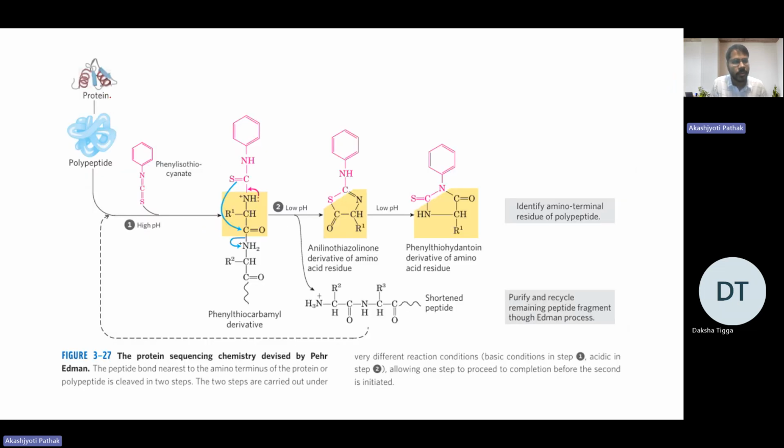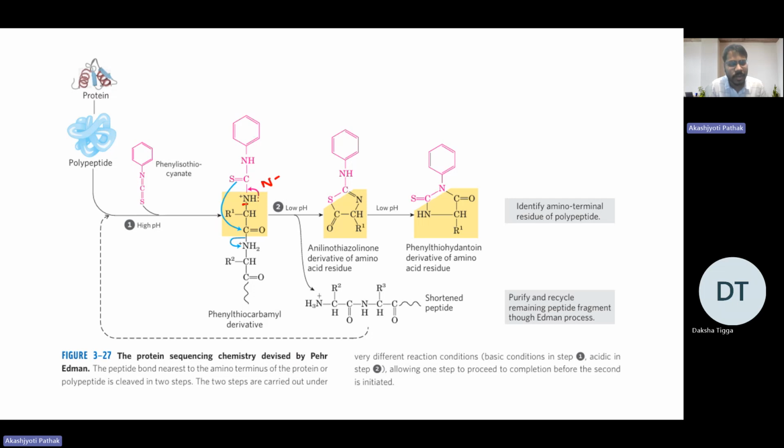This figure is taken from the book Lehninger, a classical biochemistry book. Here you can see your protein. Look at this figure. This is the first amino acid residue of your protein. It has a free amino terminal end, which is the N-terminal end of the protein.